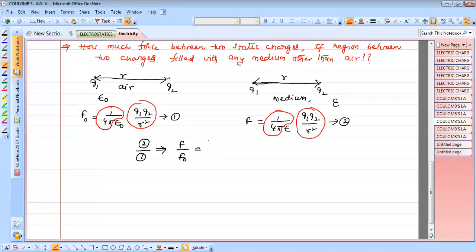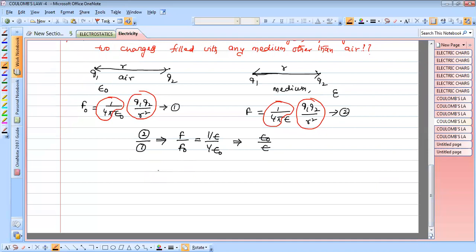This is 1 by epsilon divided by 1 by epsilon naught, which is nothing but epsilon naught by epsilon. So what does this result in? F naught by F equals epsilon by epsilon naught, that is, F by F naught equals epsilon naught by epsilon.